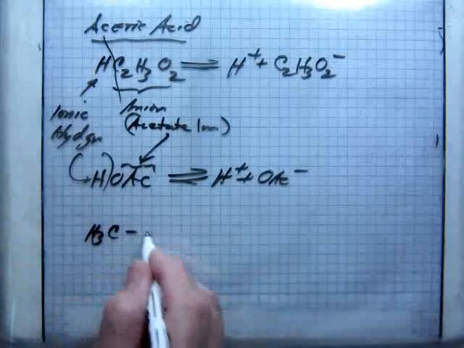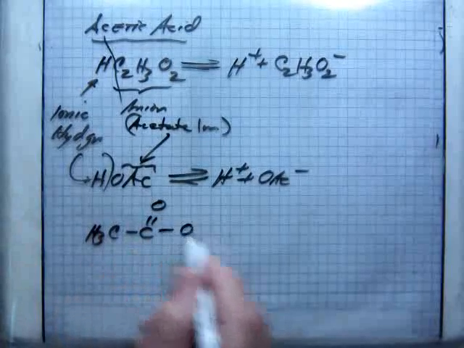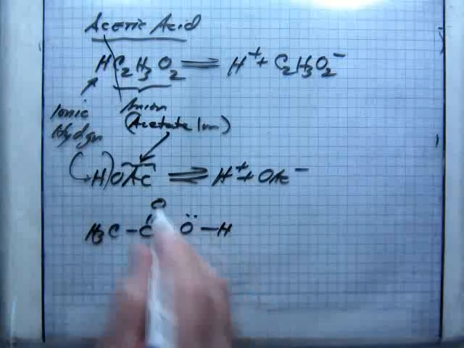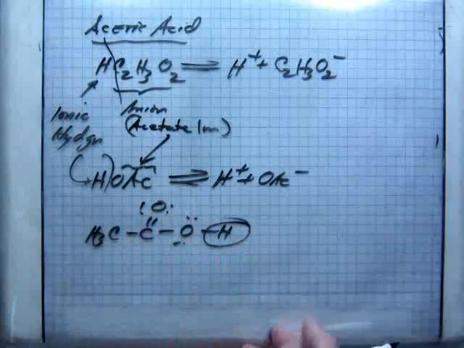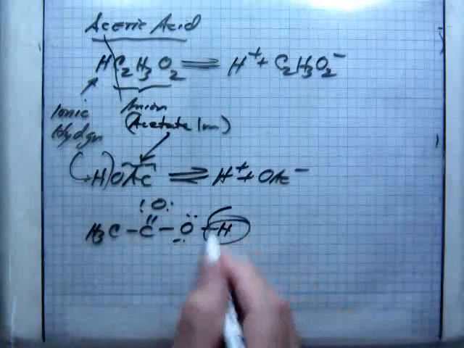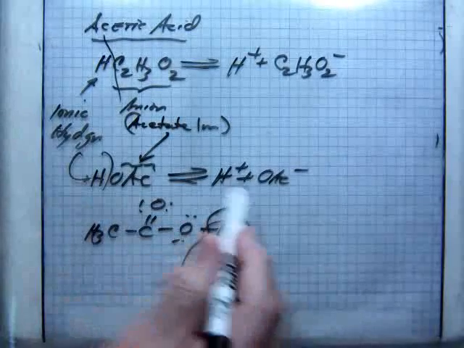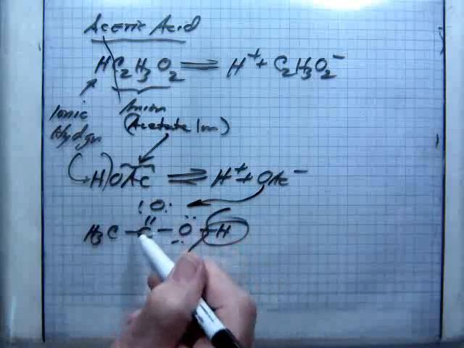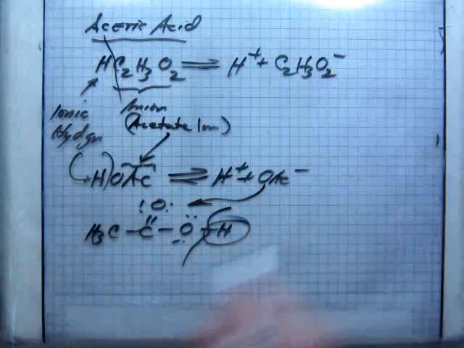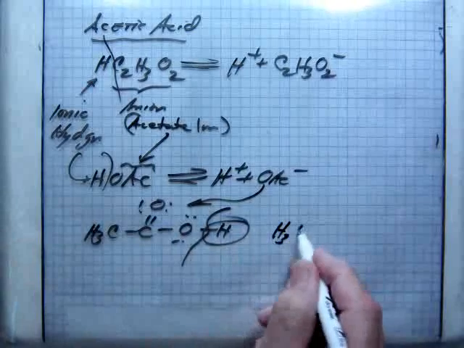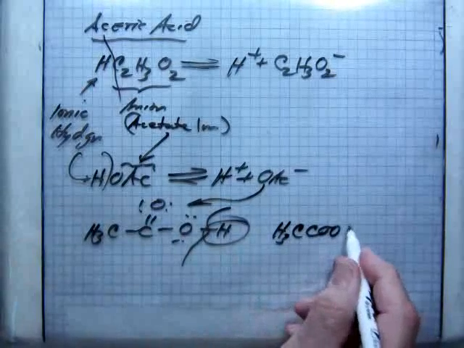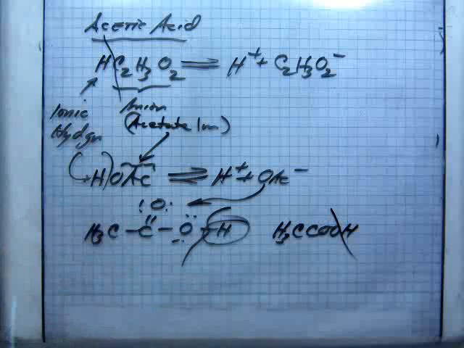Here's your acetate ion, and here's your ionizable hydrogen, and that's what will break off, and there's your acetate ion right there. And you'll also see it written H3CCOOH like that, and it'll break off the end. So I'm just showing you some formats that are used in the literature, so maybe it'll strike a nerve when you need it.